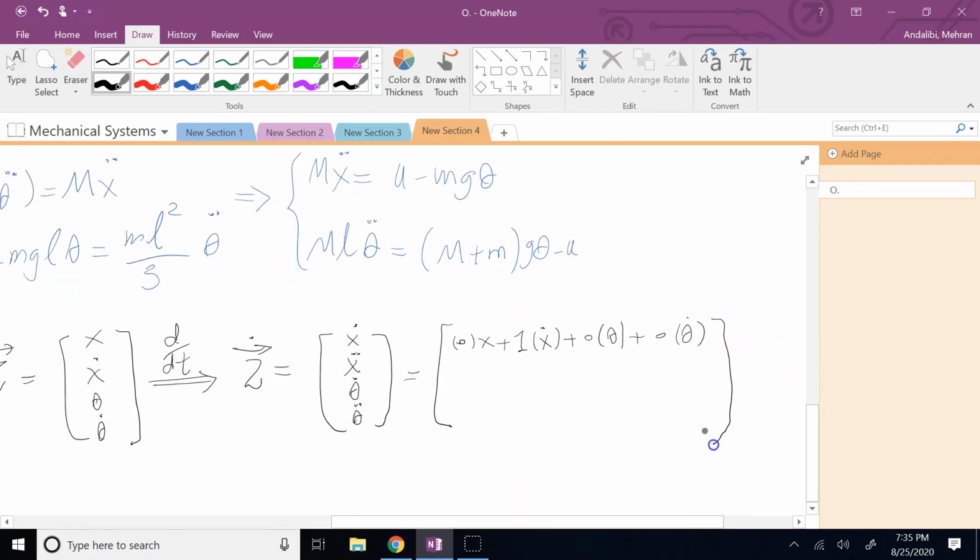Okay? I'm writing it in terms of the four state variables. X double dot from this top equation is equal to negative mg theta over m, so there is no x in it, and there is no x dot in it. There is a theta term, which is negative mg over m times theta, and there is no theta dot in it.